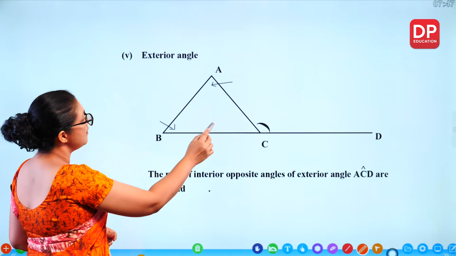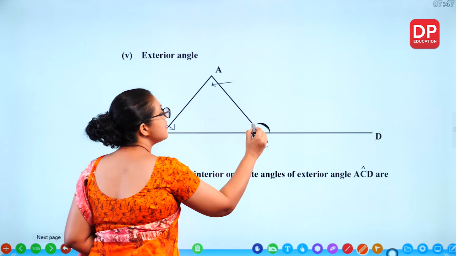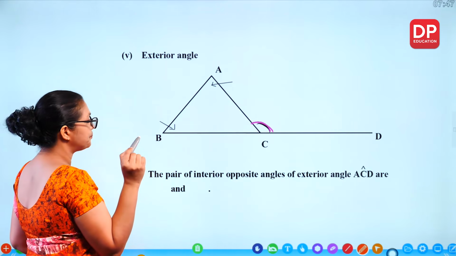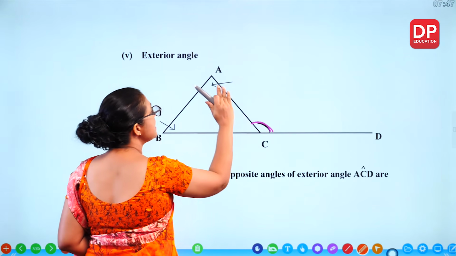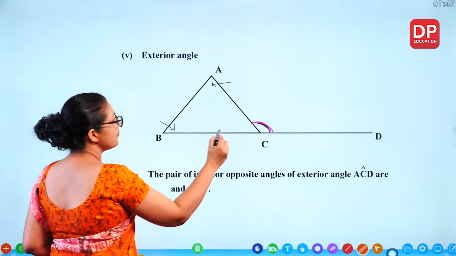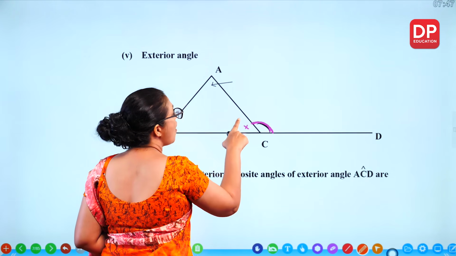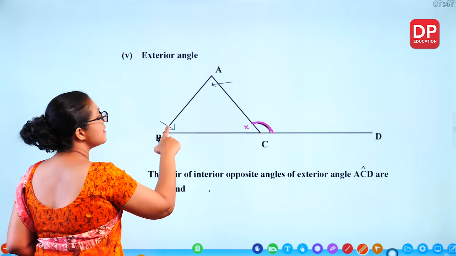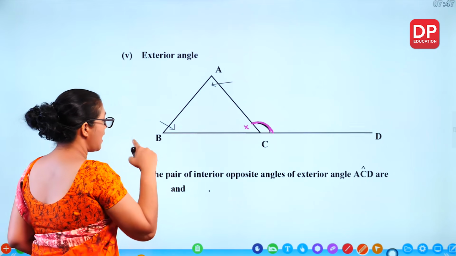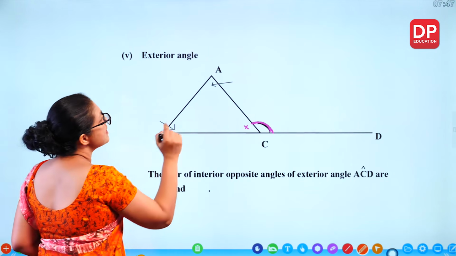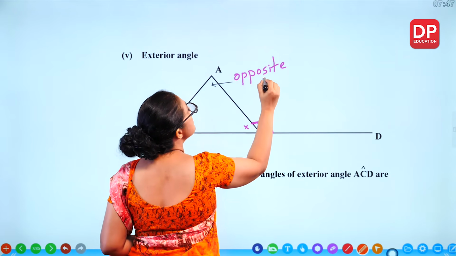Now we'll look at this exterior angle. When you extend the BC line to D, you get this exterior angle, ACD. So what are the opposite interior angles to that? When you take this exterior angle, this is an interior angle. But opposite interior angles means the other two interior angles. So this angle and this angle are a pair of interior opposite angles.